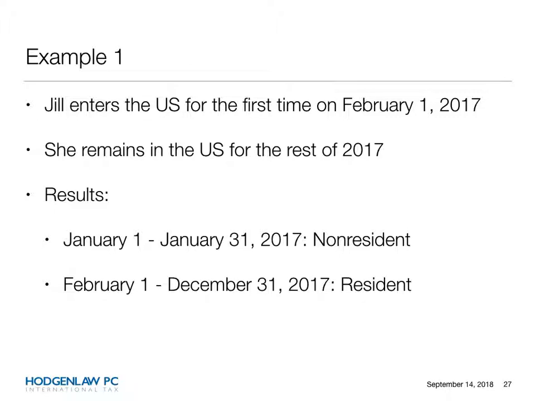From January 1st to January 31st, she's a non-resident because she's out in the world, just not in the US. But from February 1st to December 31st, she's a US resident because of the substantial presence test. If you're in the US for more than half the year, then you'll meet both conditions for substantial presence. Jill, in this case, would file a dual status return.